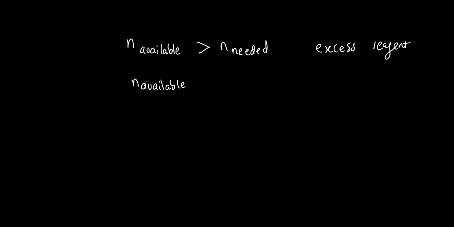But if those that are available are less than the number of moles that are needed, then that is a limiting reagent. That one is a limiting reagent, because those that are available are less than what is needed, so they're gonna run out fast, right? So these ones, they run out first. Why? They are in smaller quantity than what is needed.